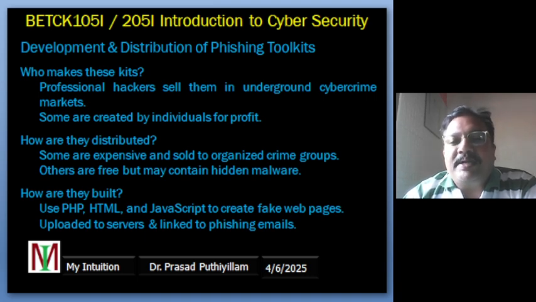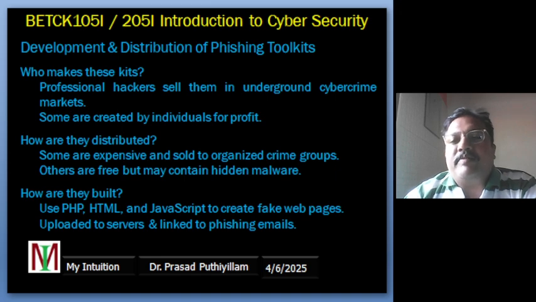Okay, development and distribution of a phishing toolkit. Who makes these kits? Some are developed by professional hackers and they sell it in the underground cybercrime market. Or others are created by individuals who want to profit from the online scam. How are they distributed? Some kits are expensive and are only bought by organized cybercrime groups.